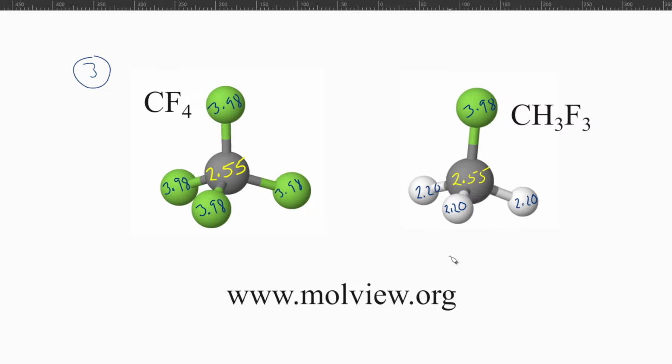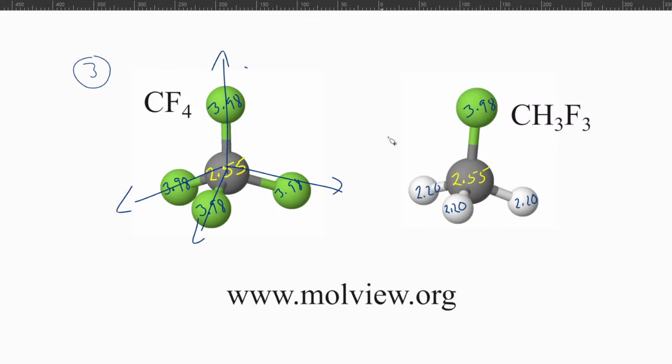So if you're looking at this, you could look at the difference in electronegativity, and you could see right here we have a pretty big difference in electronegativity between the carbon and the fluorines. So these are polar bonds, and you can draw the dipoles just like that. So the bonds are polar.